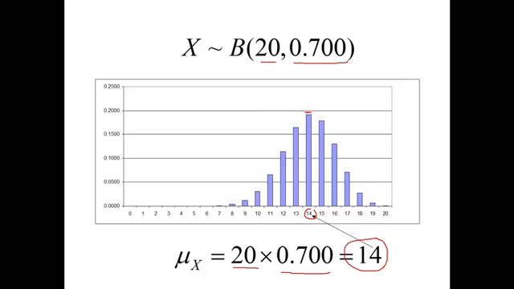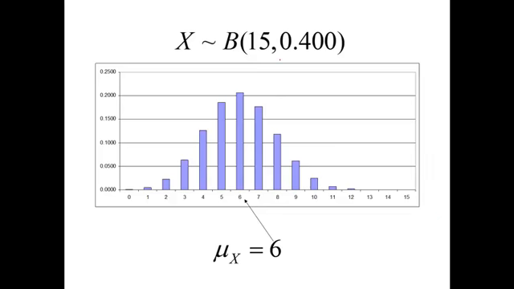Most of your probability is concentrated very close to it, so you have a much higher probability of being within a couple of values, one side or the other, of the expected value than any place else. Much more likely to be there than 11 or below, or 17 or above.